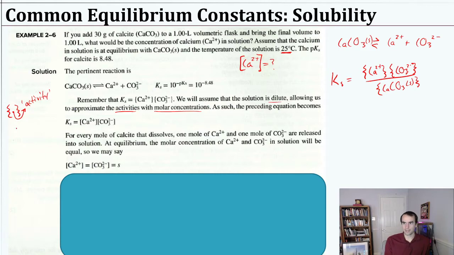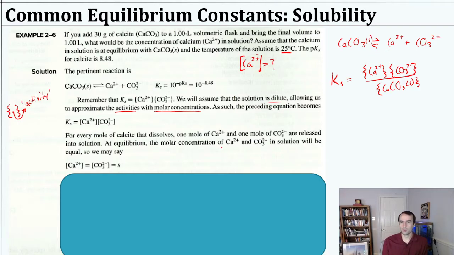So just set that aside for now and recognize that, as they said, this is then equivalent to just Ks equals the Ca2+ times the CO3 2- molar concentrations. Okay, and then they're noting that for every 1 mole that we dissolve here, we get 1 mole of each of these. And by that, we can say how many moles of this dissolved is going to give us the moles of calcium.